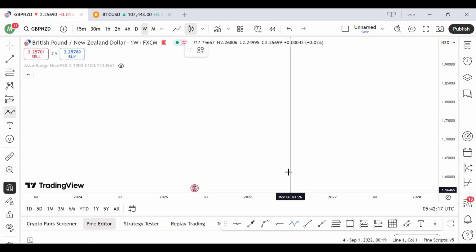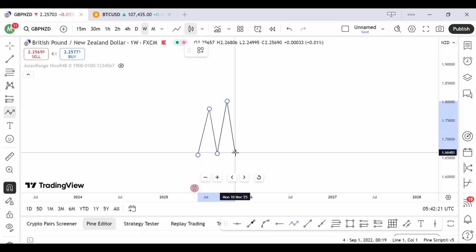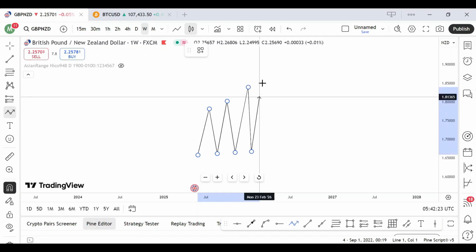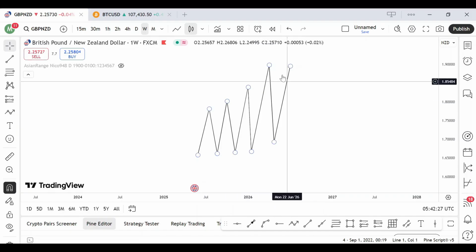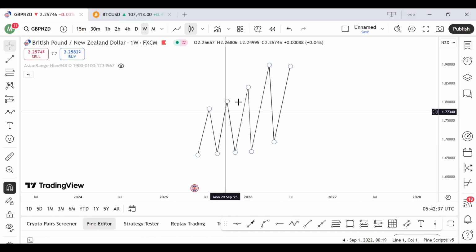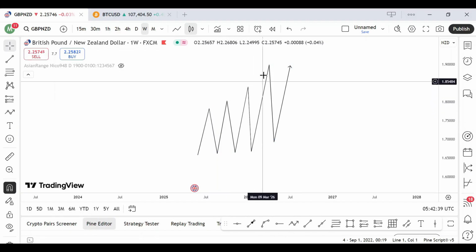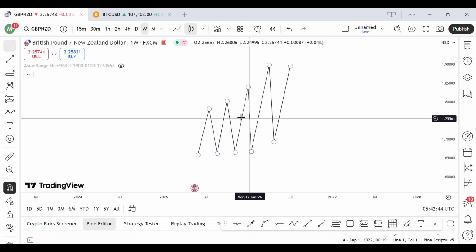Market structure: we know price makes a series of higher high, higher low, higher high, higher low, higher high, higher lows, higher high, higher lows, higher high. This is your typical market structure. And take note, we have two types of market structure. We have your swing structure and we have substructure. If this is in a higher time frame, these are your swing structures.